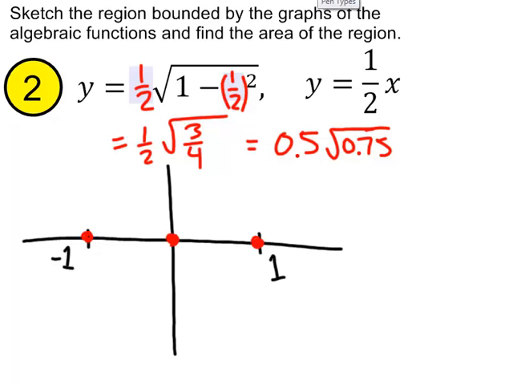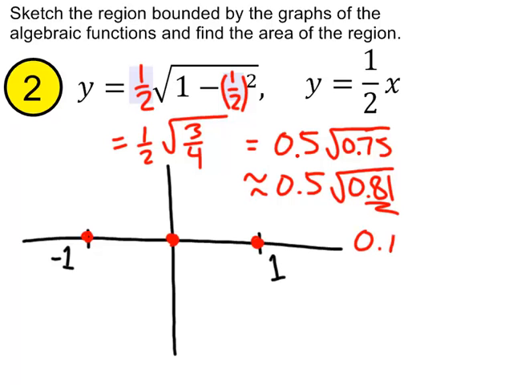But what it's about equal to is 0.5 times the square root of 0.81. Now, if you're wondering where in the world I got 0.81 from, it's because I'm just trying to do some mental math and some approximating. And I know that 0.81 is the square of 0.9. And if I've got 0.5 times 0.9, I know that's going to give me 0.45.